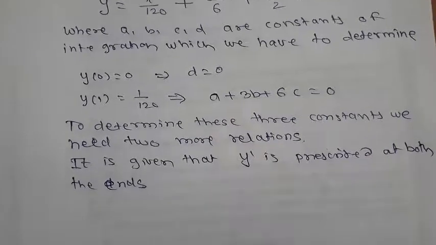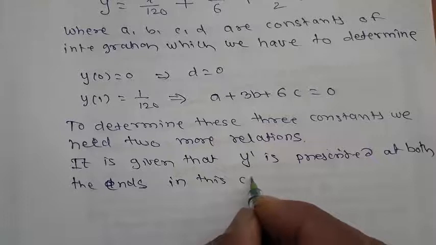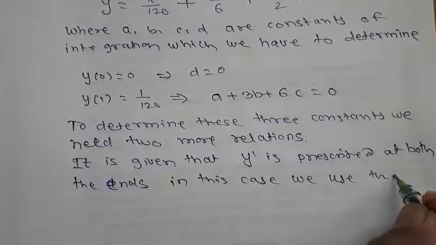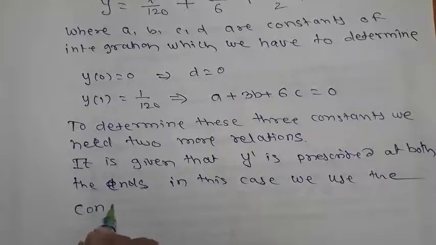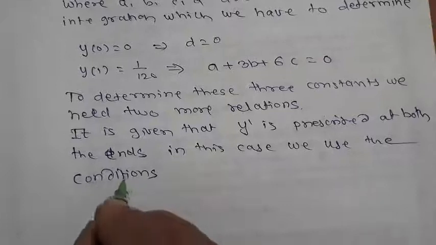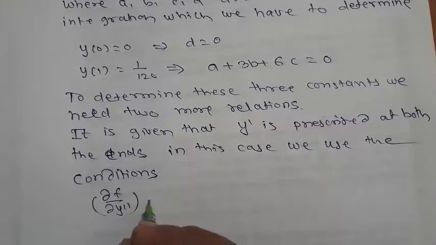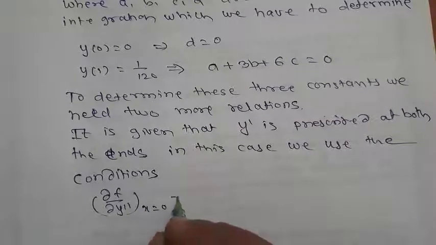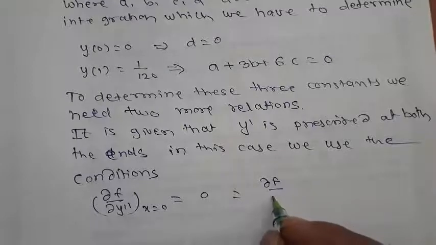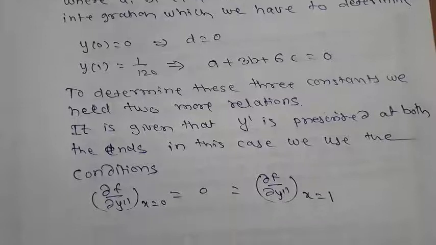In this case, we use the conditions dou f by dou y double dash at x equal to 0 equal to 0 equal to dou f by dou y double dash at x equal to 1.